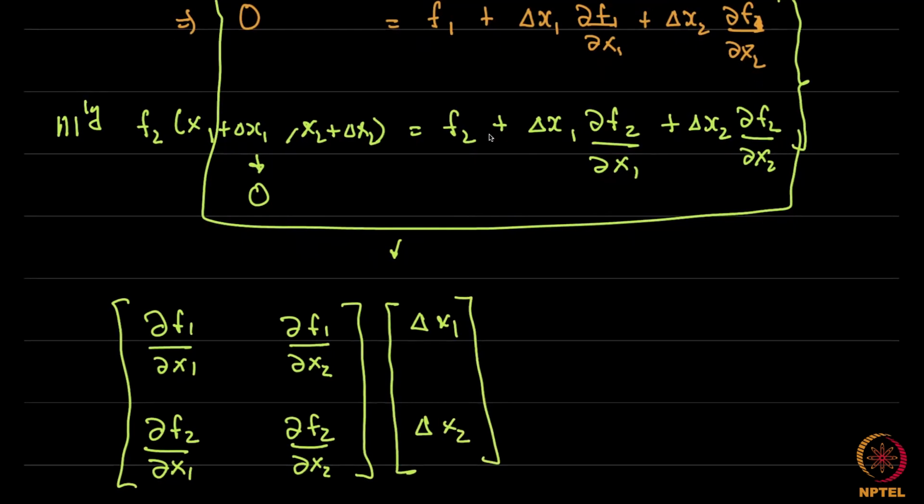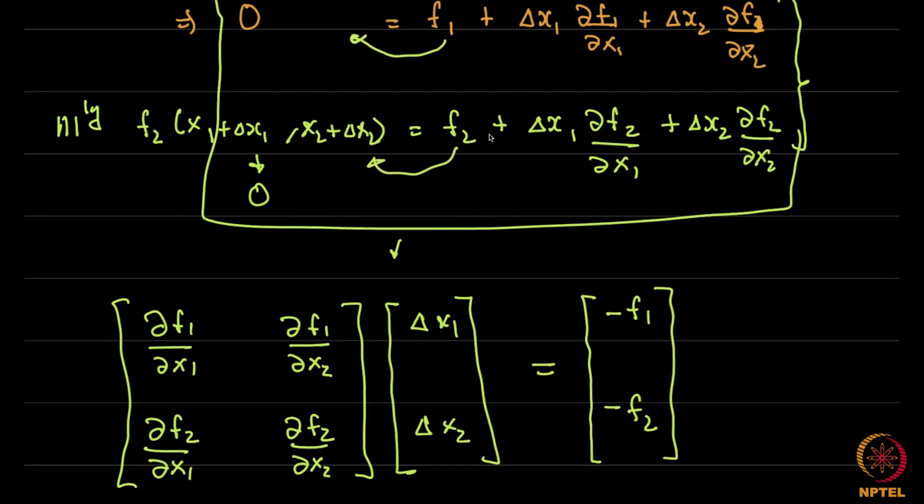I will write the equations and hopefully this will make things clear. This is equal to minus f1, minus f2. How did this come about? I moved this to the right hand side, or flipped the sign of the equation, so you get a minus f1 minus f2 here. In fact, we can now call this minus of f1 f2.